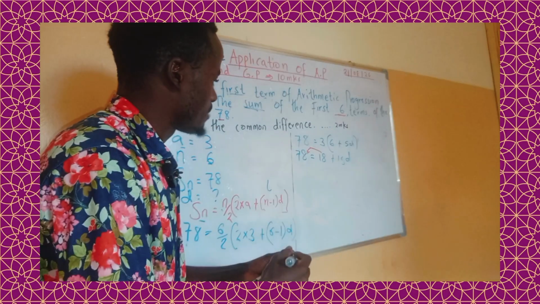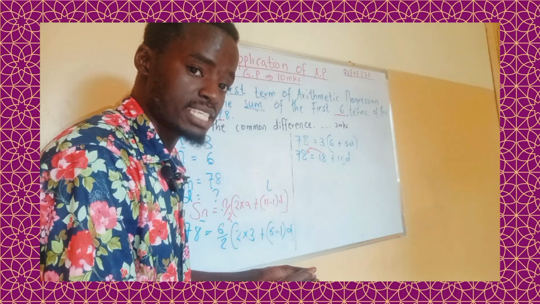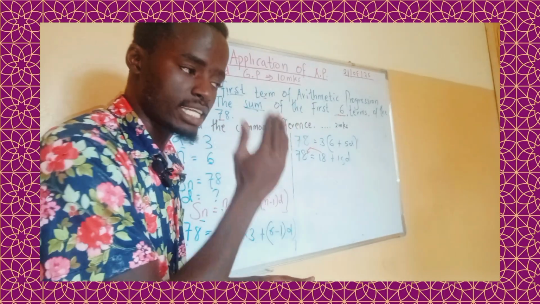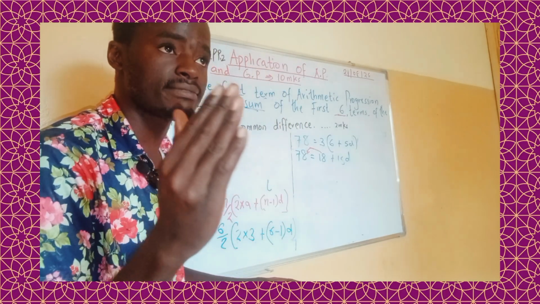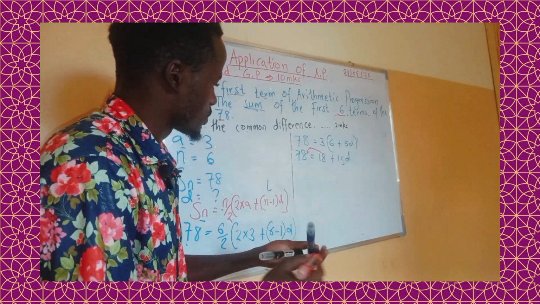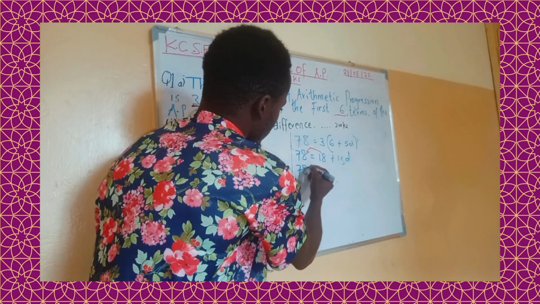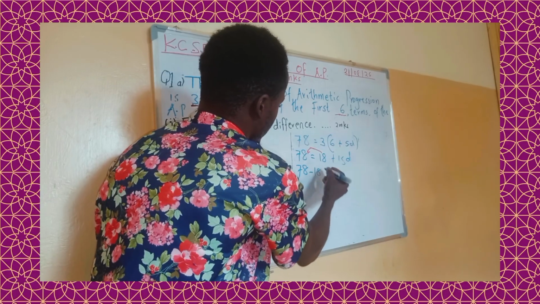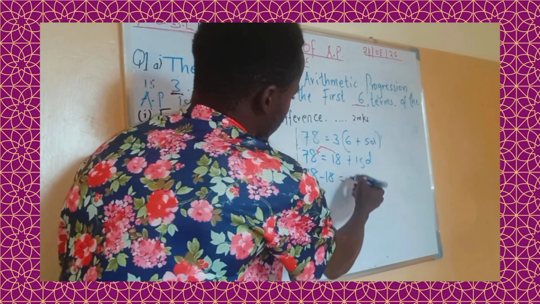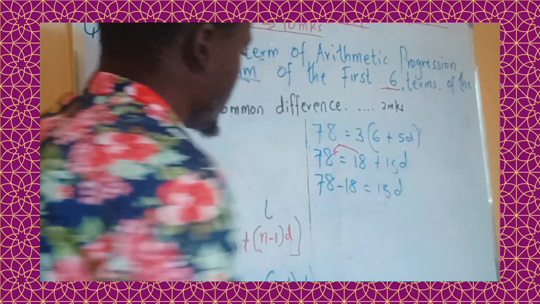Very good. The sign of the number changes. If it was positive, it changes to negative. If it was negative, it changes to positive. So now our equation will be 78 minus 18 is equal to 15D.